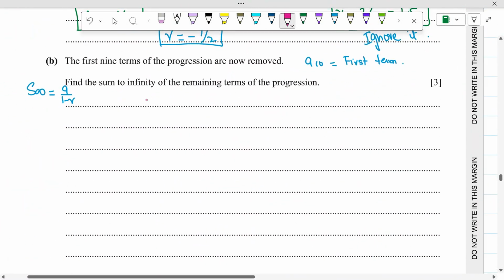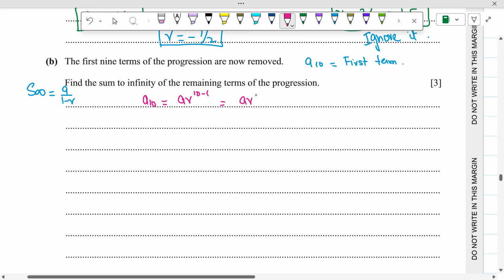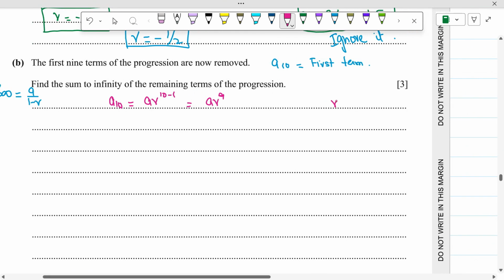So we know that the 10th term A10 is equal to AR to the power of n minus 1, means 10 minus 1, and this is equal to AR to the power of 9, and we just calculated the ratio, which is equal to negative 1 over 2.